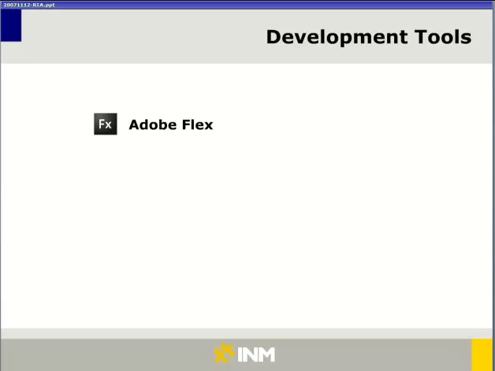So if we look at the applications and the technologies used today to develop what we've just seen, one of the more popular ones on the market is Adobe Flex. And what Adobe Flex is, it's an umbrella term for a group of technologies that support the deployment of RIAs using Flash Player. So many of you have seen Flash Player or have used Flash Player to deliver applications in the past.